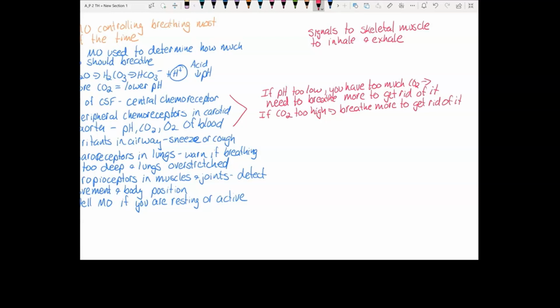Okay, with the oxygen, in a normal healthy person, you're not going to use the oxygen receptor. It's only used where there's lung disease, and we're going to talk about that later. So the oxygen receptor only responds to very low oxygen.